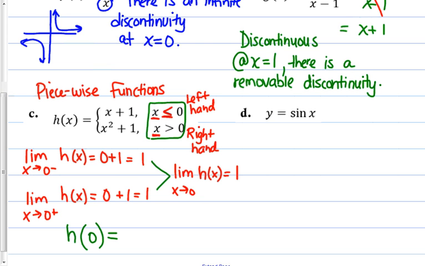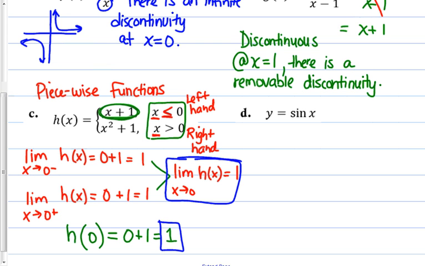So again, I'm going to look at the top part because this is the part that actually involves 0 because of the less than or equal to part. So 0 plus 1 equals 1. And then the third part of the criteria is that my limit should equal my h of 0. And these are equal, so this function is continuous.